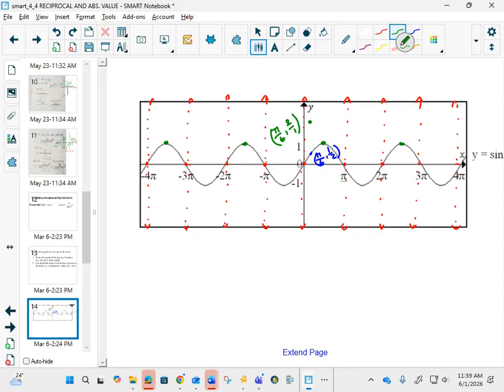Or you could write 1 over a half, which is dividing by a fraction, multiplied by the reciprocal, and you'll get 2 over 1 anyways. And same thing where it's -1: 1 over -1. All of those points will be invariant points as well. And your cosecant graph looks like this.